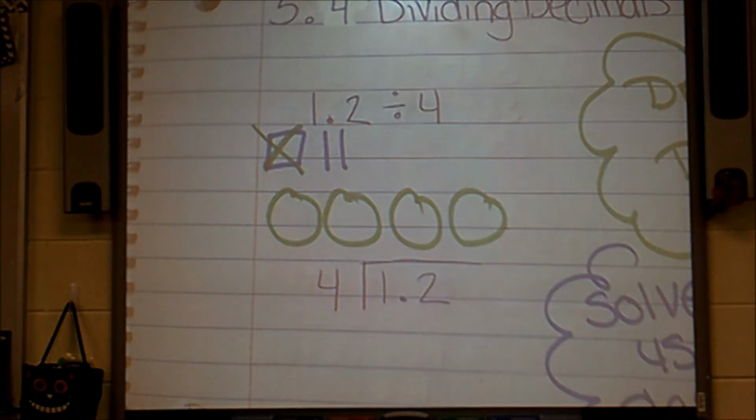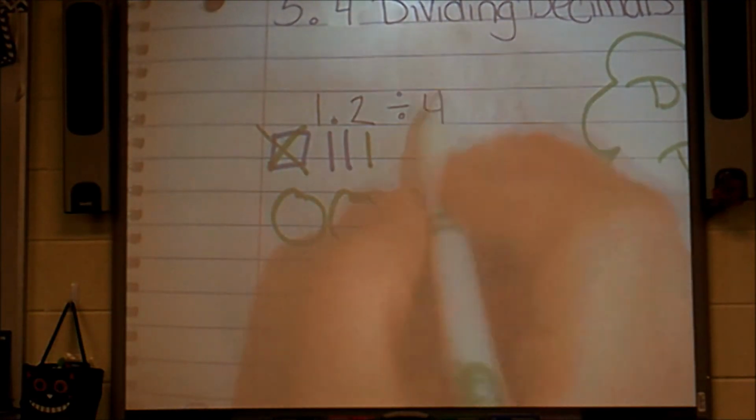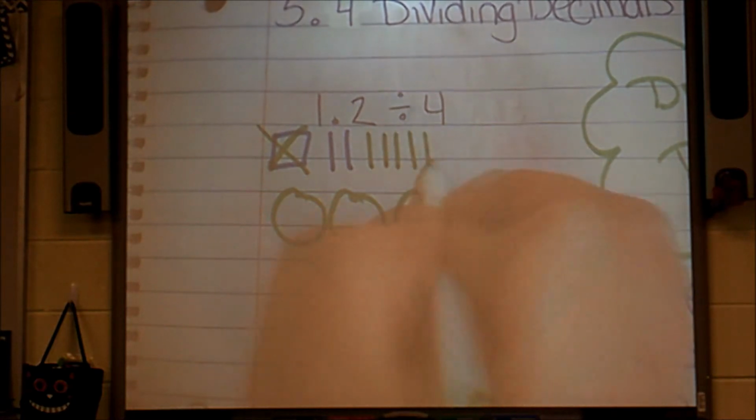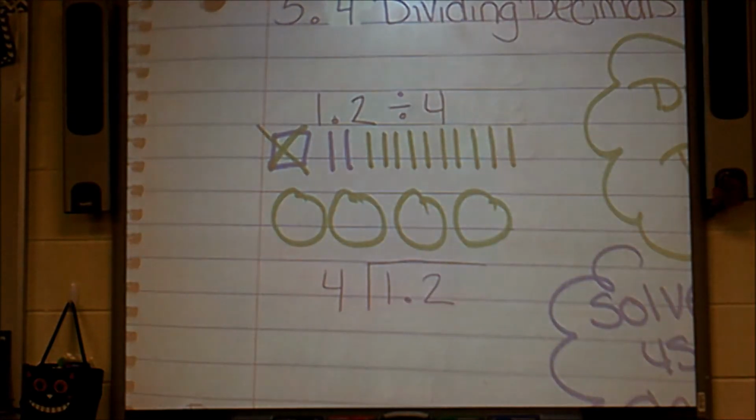Now, what could I cut it up as? I think the easiest way to do this would probably be to cut it up into tenths. Because I know 1 whole makes 10 tenths. So when I do this, I have a total of 12 tenths.